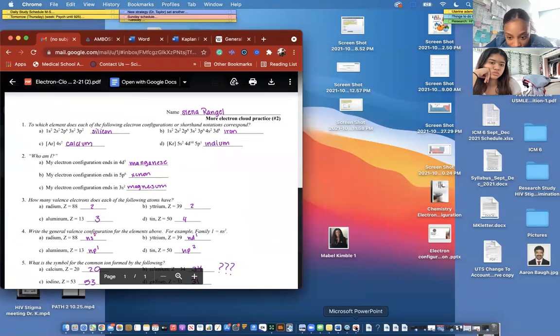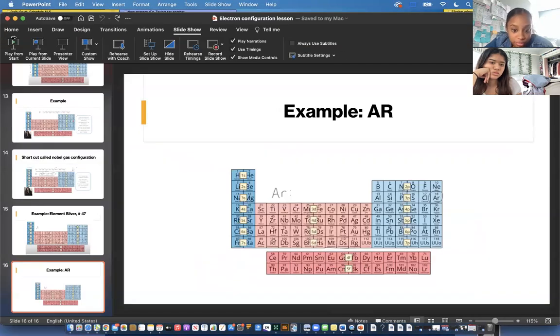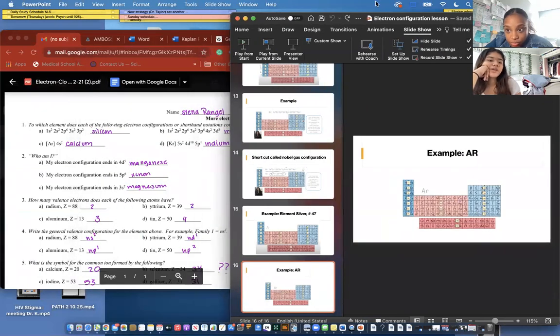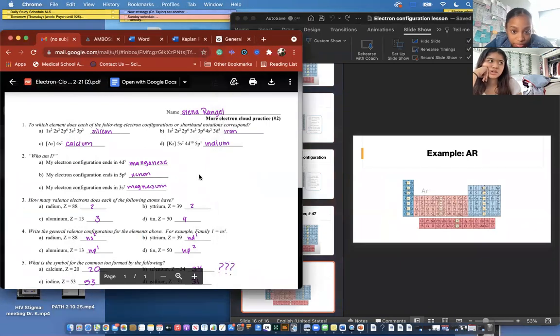I'm kind of confused on how you would figure out the element based on the configuration.